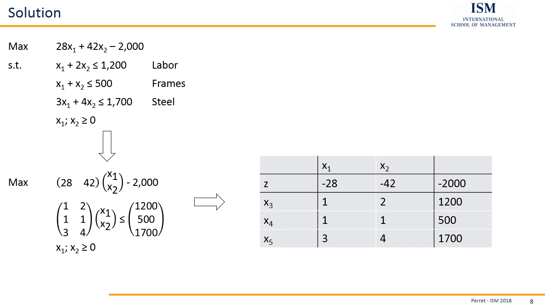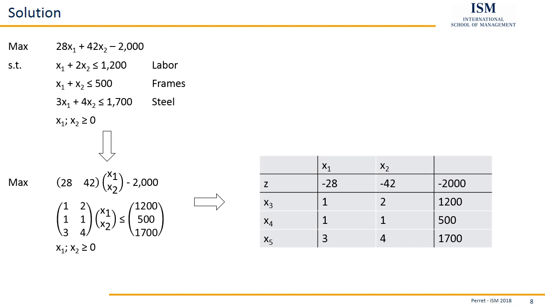So again, summarizing this, we have in the second row everything related to our objective function, whereas the coefficients are noted in a negative fashion. Below this, we have the information for our constraints. So we basically copy the matrix from the constraints.